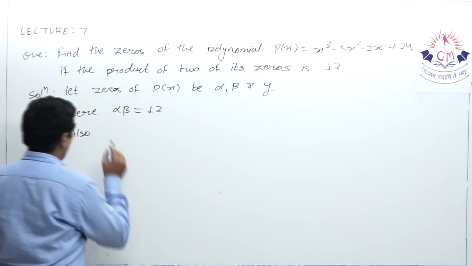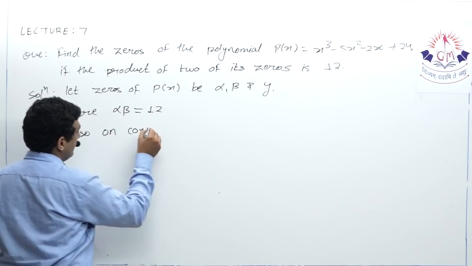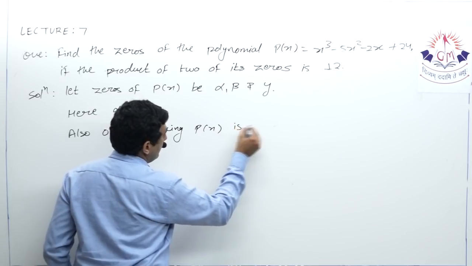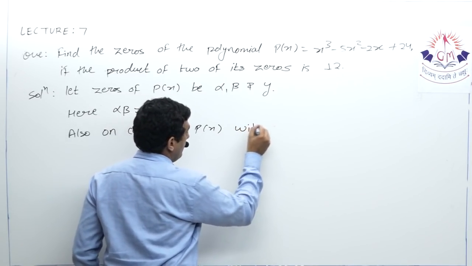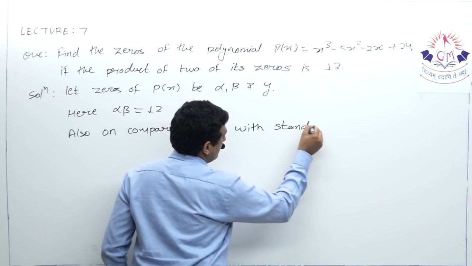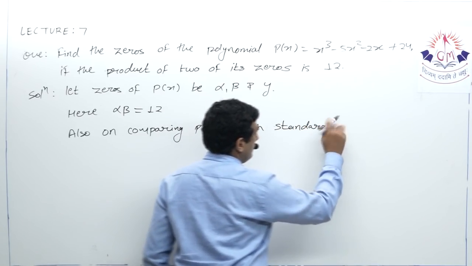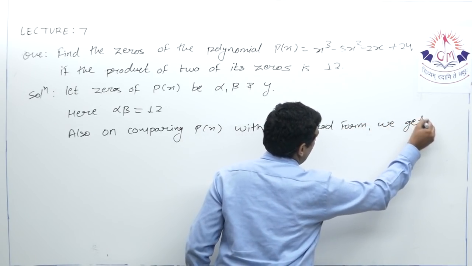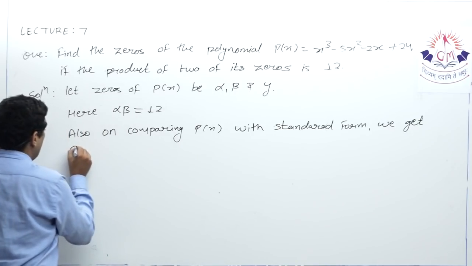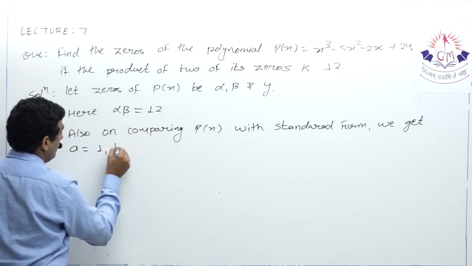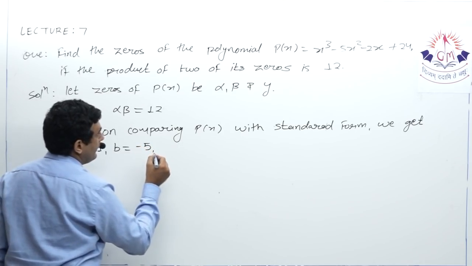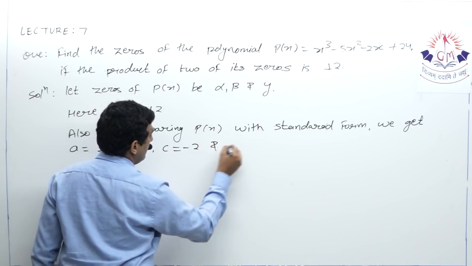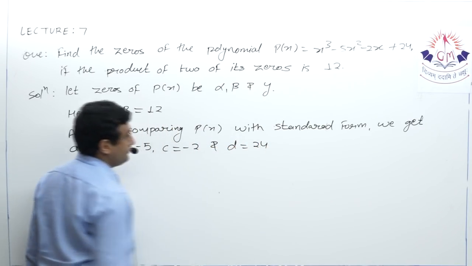Okay, so here also on comparing p(x) with the standard form, we get a is equal to 1, b is equal to minus 5, c is equal to minus 2 and d is equal to 24.